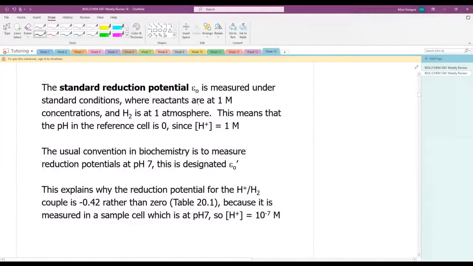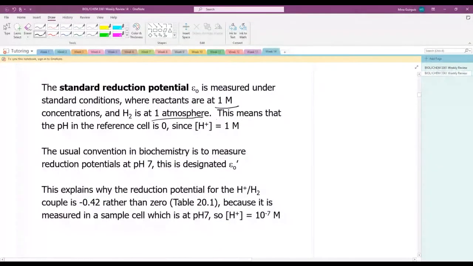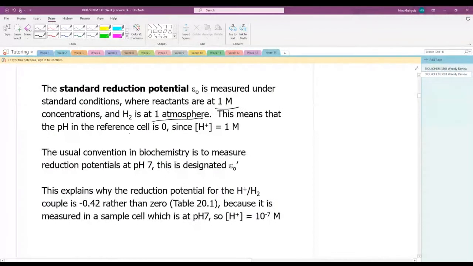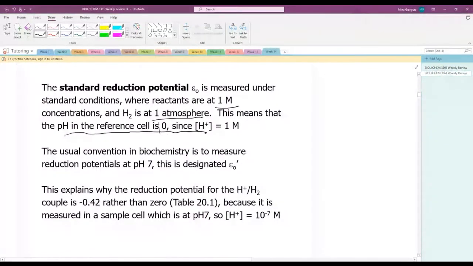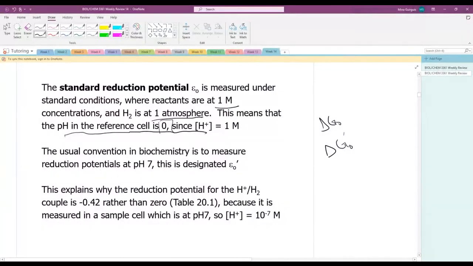So as mentioned, standard reduction potentials are measured at 1 molar concentrations, 1 atmosphere. So as it says here, that makes the pH in the reference cell 0. So, as we remember from the basic ideas of delta G naught and delta G naught prime, it comes up once again.